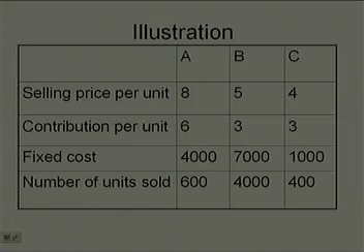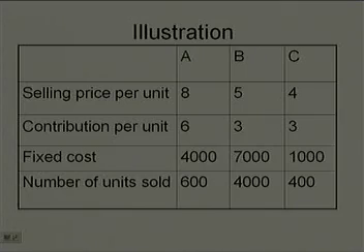I find that product A sells for $8 per unit, product B sells for $5 per unit and product C sells for $4 per unit. Now, contribution per unit from product A is $6, from B it is $3 and from C it is $3 again.